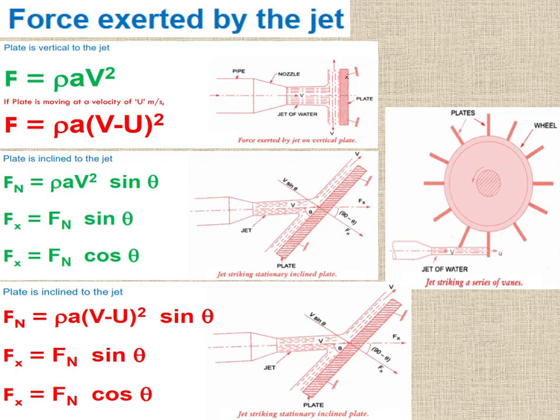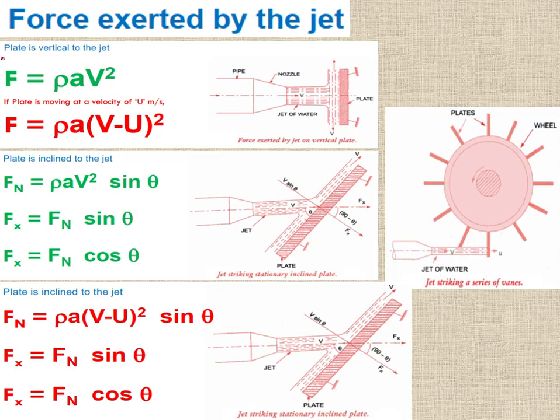Here you see a vertical flat plate, and the fluid jet is perpendicular to the plate, and the water discharges tangential, parallel to the plate.